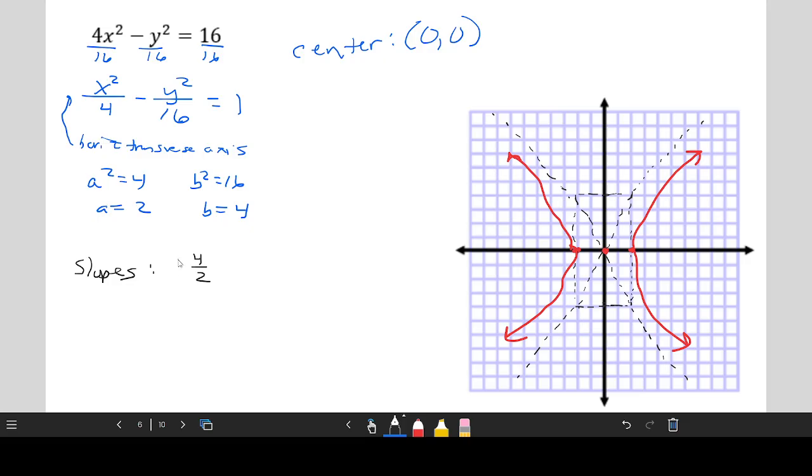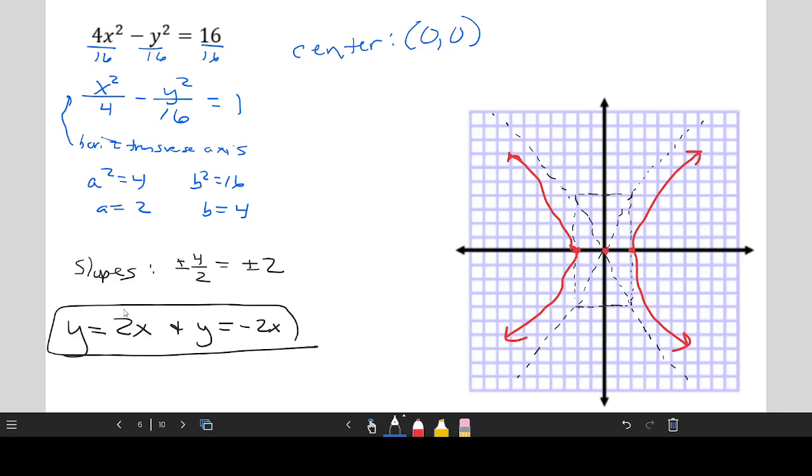So that one's going to be negative 4 over 2. And 4 over 2 is 2. So one line has a slope of 2, one line has a slope of negative 2. And they both pass through the origin, which means that's the y-intercept. The y-intercept is 0. So we have y equals 2x and y equals negative 2x for the asymptotes.